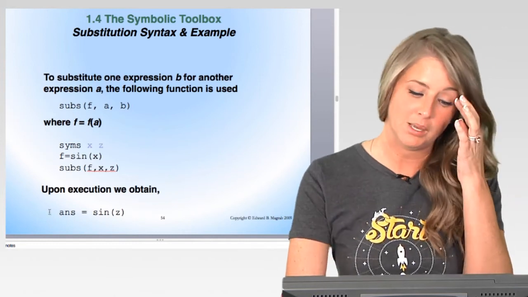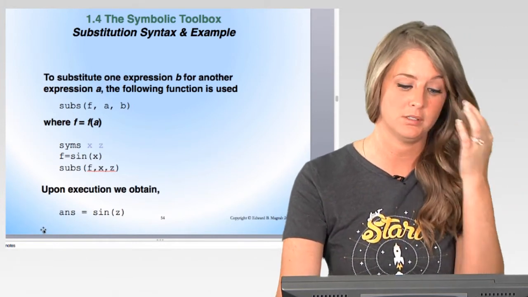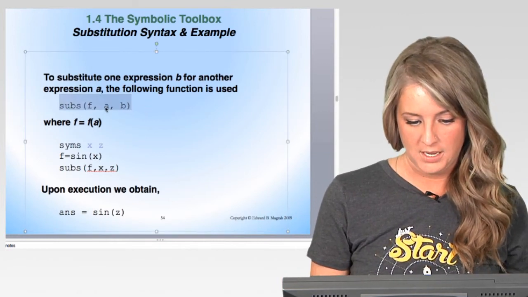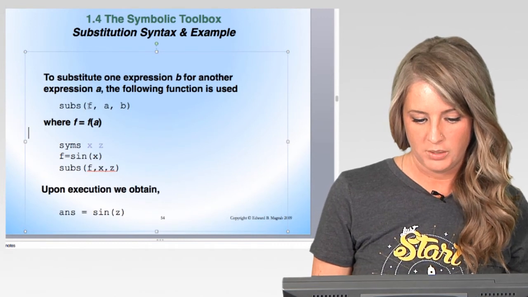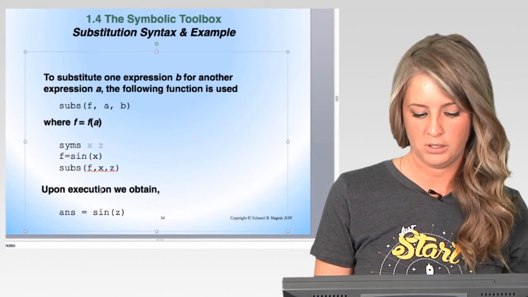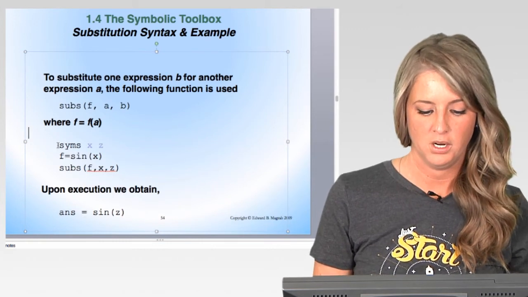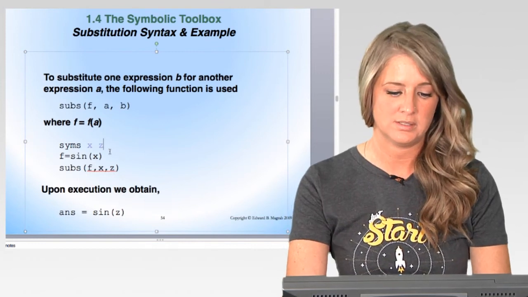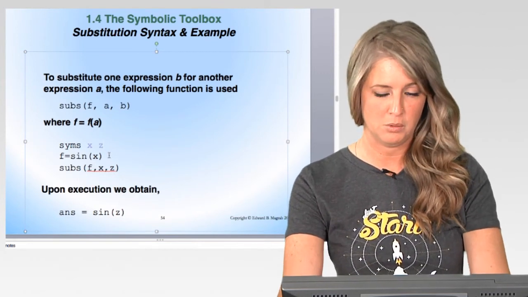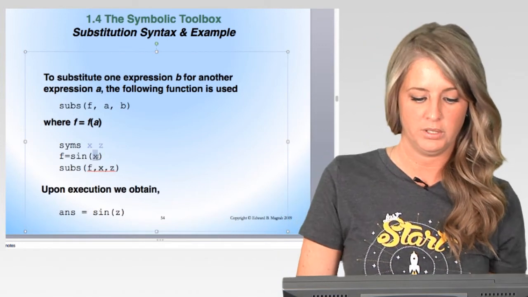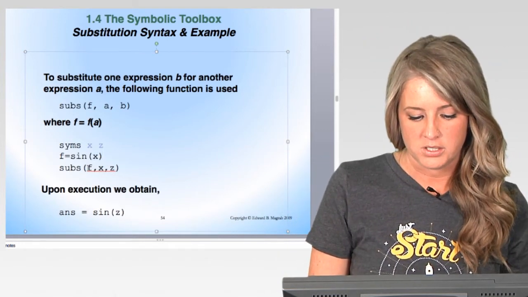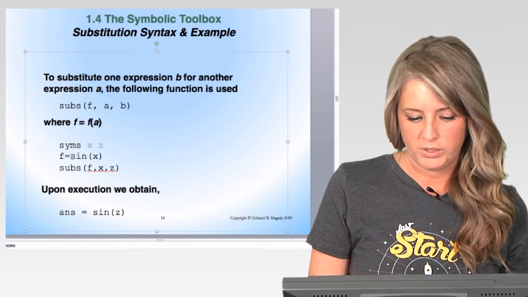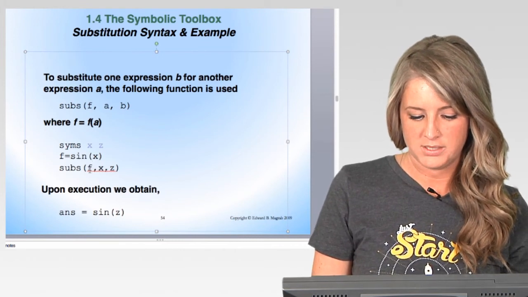So another thing that might be helpful is to do substitution. Let's say that we wanted to substitute one variable for another. So we have subs of f, a, b. You have your function, and then you have your variable that you're going to substitute in for another. For example, we have the syntax here. We have syms x and z. Again, we're using syms because we don't want to input any specific numerical value. We just want to evaluate it in relation to this particular variable. So we have our function, which is f, and you see how this time we defined f, and then we just plugged f in here.